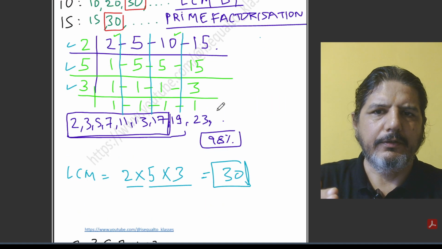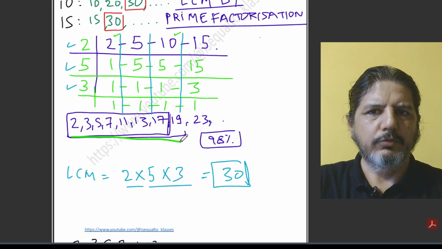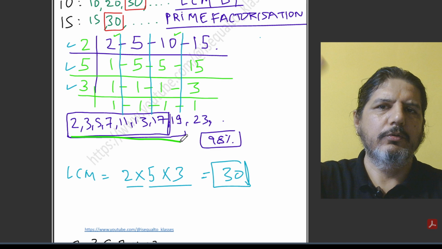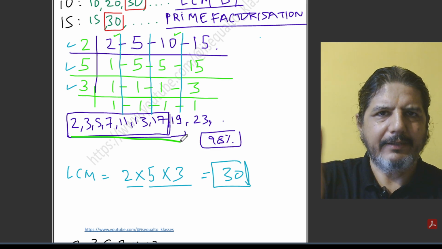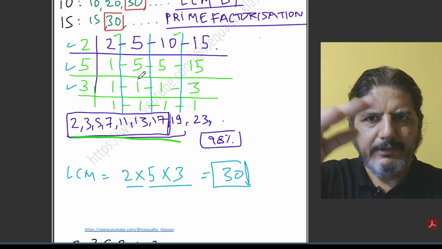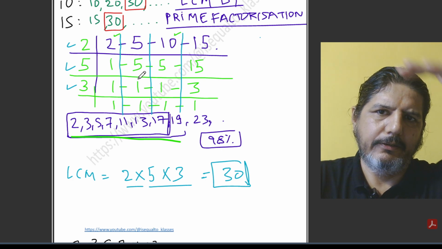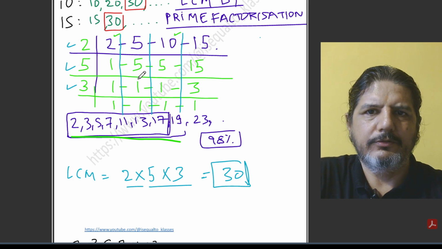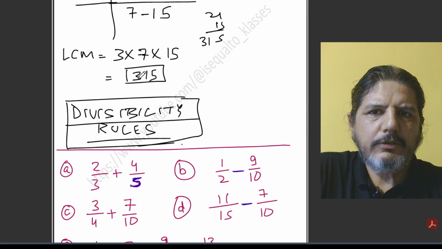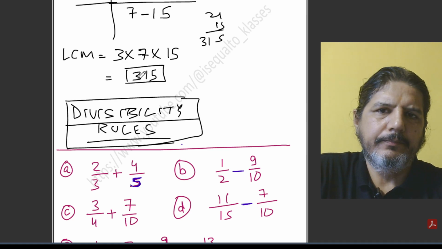In prime factorization, you use the prime numbers 2, 3, 5, 7, 11, 13, 17. They act as common divisors. Then there is a format that has to be followed, the numbers should be separated by dashes, and all the things should be in order so that there is no confusion. So we understood the concept of LCM. There is another thing which I told you.